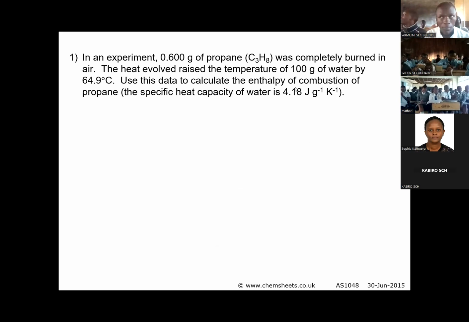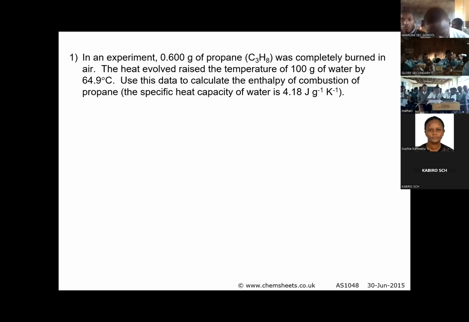So work out Q first, okay, the Q, and then try and work out the moles of propane. The moles of propane, well, you need to know the RMM of propane. Carbon is 12 and hydrogen is 1.